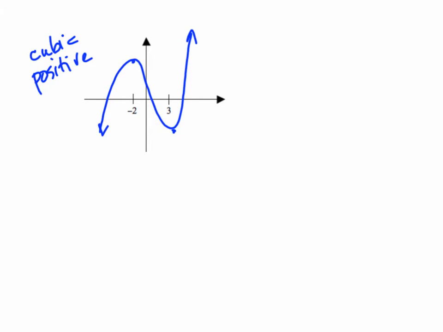And you can see that at -2 and 3 are where my cusps are, my humps and my valleys of my cubic graph. And those points aren't exact, so I just have to make sure that they're at -2 and at 3, and it's positive cubic. Because I had a parabola that was positive, it opened up.